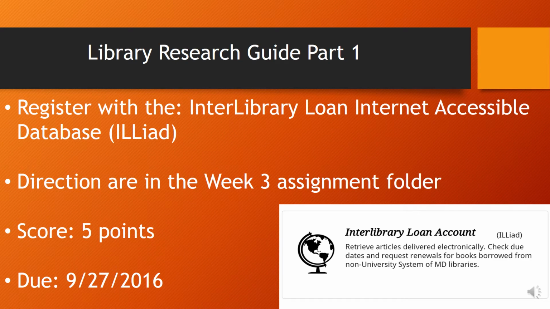Library Research Guide Part 1. I have included this as a graded assignment because it is imperative that you have access to books, databases, journals, and other materials throughout this course, and that you can utilize the Interlibrary Loan Internet Accessible Database. This will prevent you from having to physically go to the library in order to obtain your primary or secondary sources.